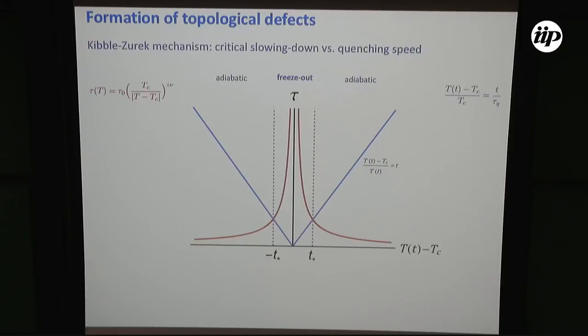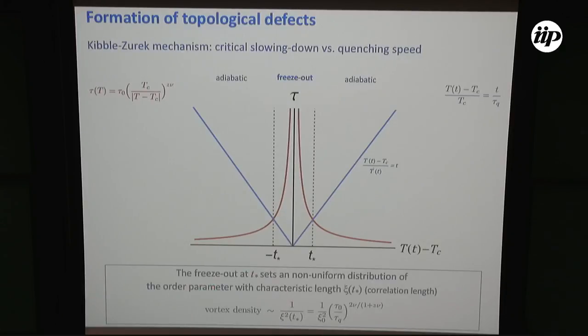Then the Kibble-Zurek mechanism postulates that the vortex density that we observe as a result of this quenching is determined by the correlation length of the system evaluated at this freezing time.